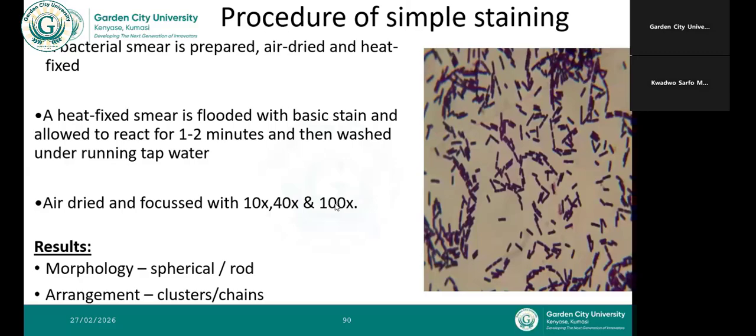And for the ×100, because the image is going to be enlarged, we are likely to have issues because there can be diffusion of the light rays due to the distance between the lens and the object, which is on the slide.